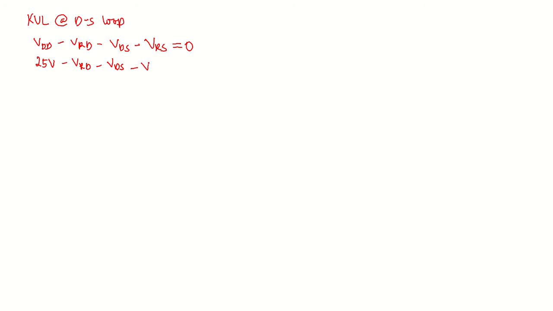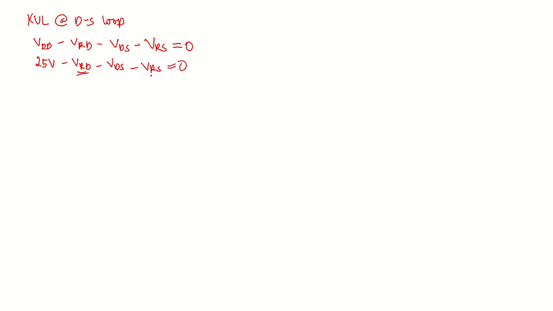KVL at DS loop: VDD minus VRD minus VDS minus VRS is equal to 0. So substituting the given values, 25 volts minus VRD, which is not given, minus VDS, and minus VRS, which is also not given.